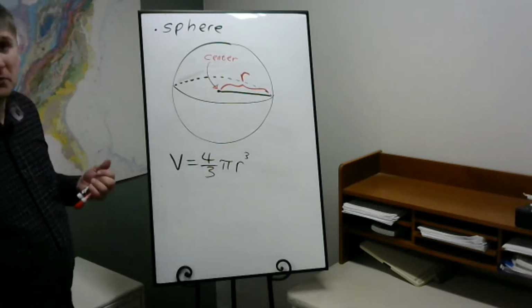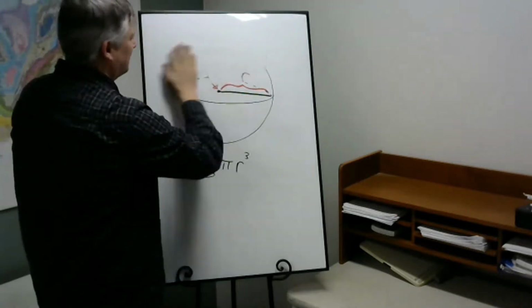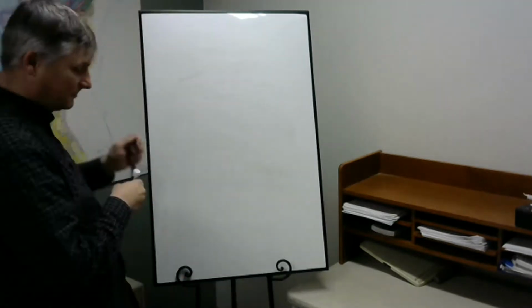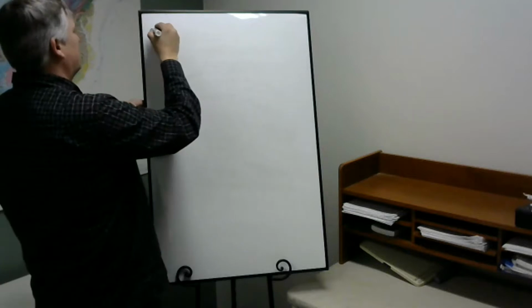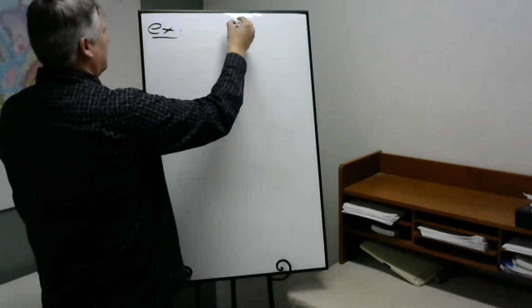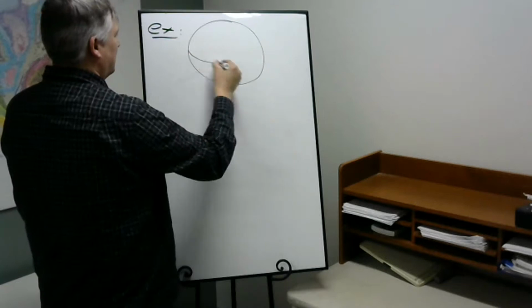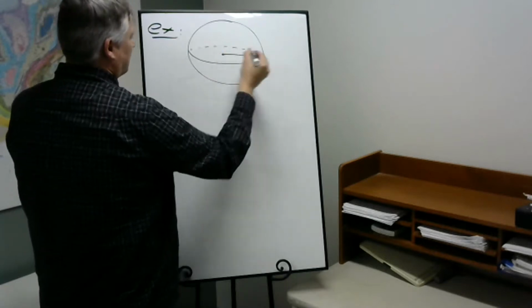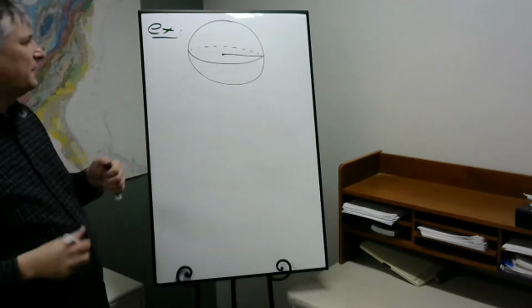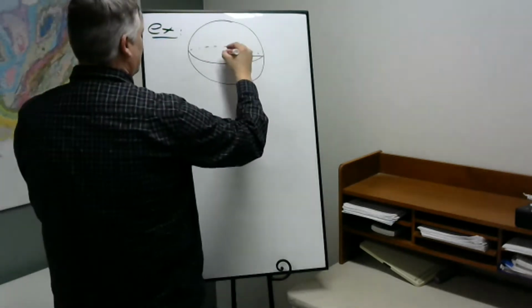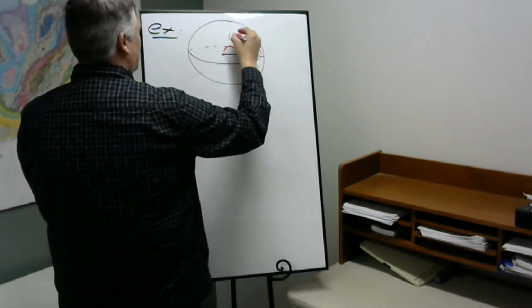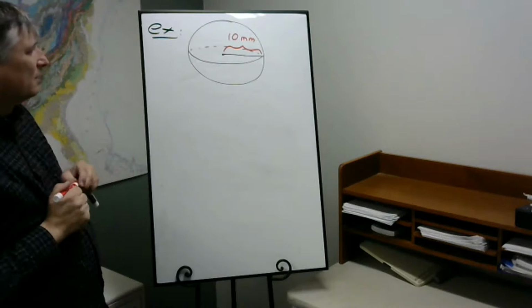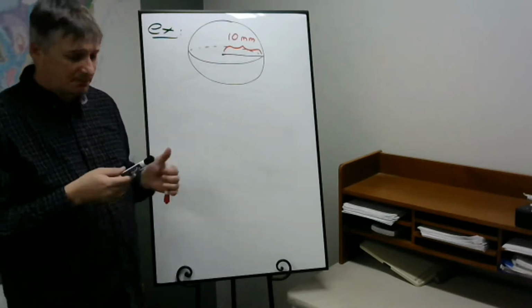So let's do an example with the sphere. And let's say this sphere has a radius of 10 millimeters. How do we find the volume of the sphere?